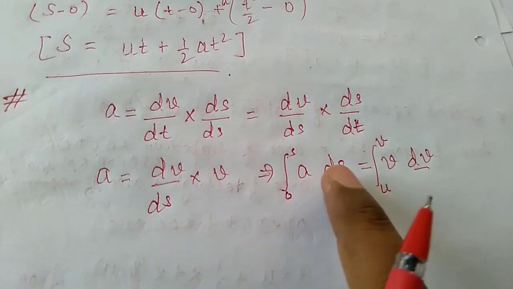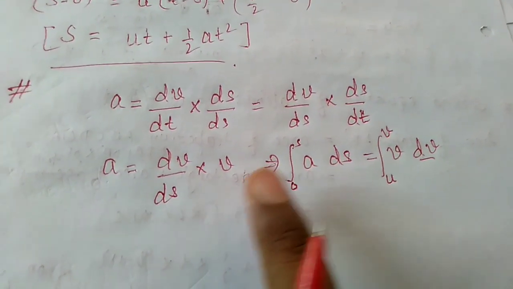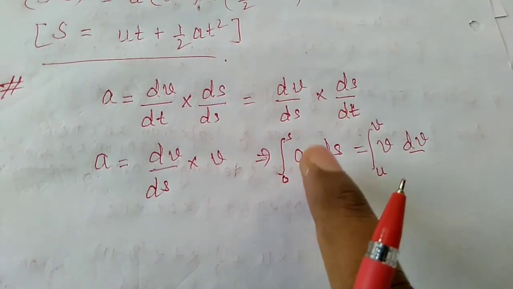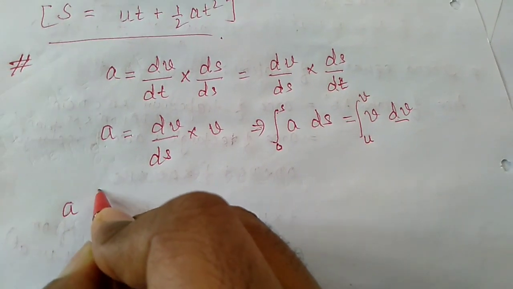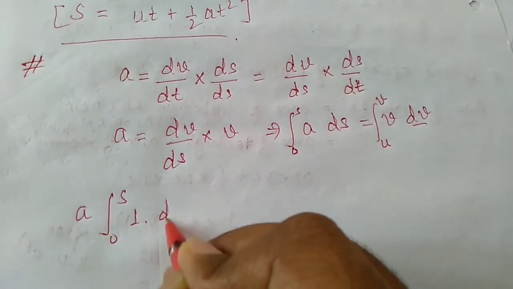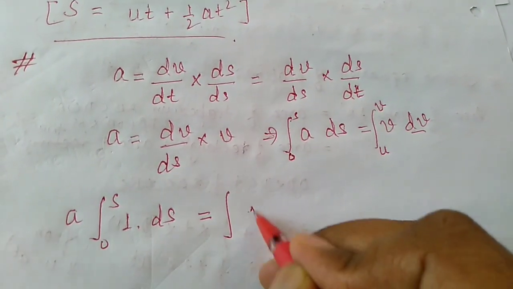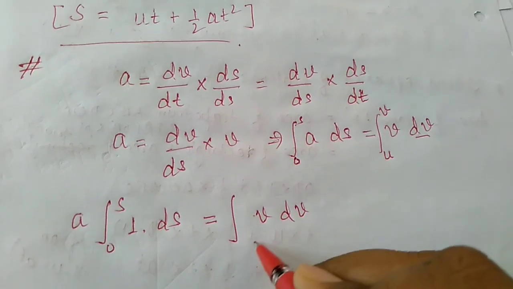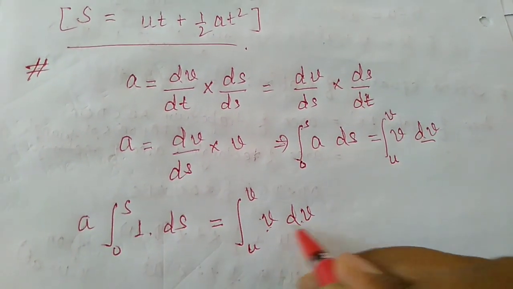The factor which is related to the function will be inside, and those which are not related will go outside. So here a is not related with s, so it will go out. So a is out of the integration. a times integration 0 to s of 1 ds is equal to integration of v dv from u to v. v is inside because this has the factor related to the function.